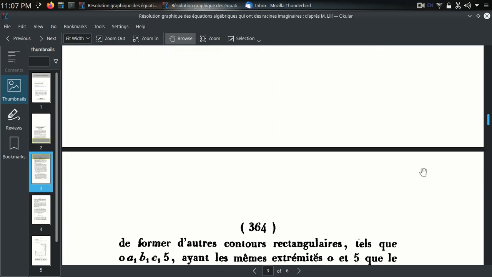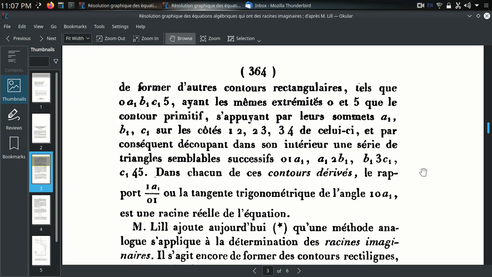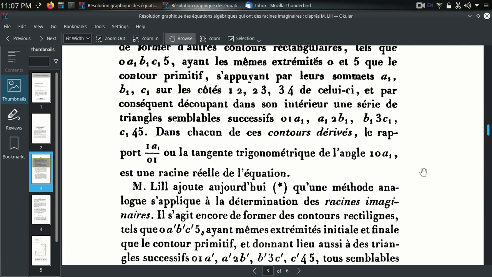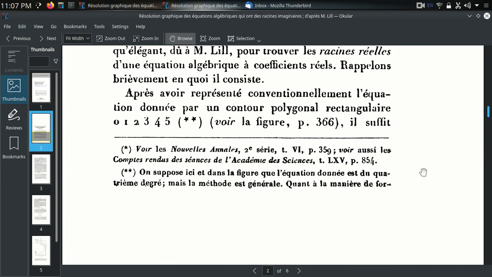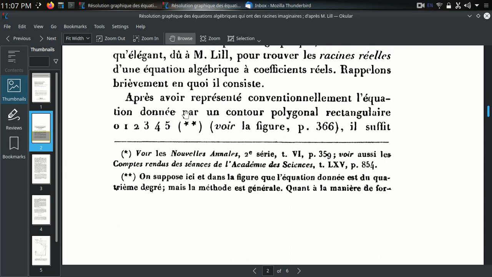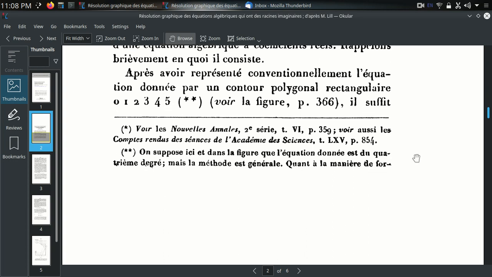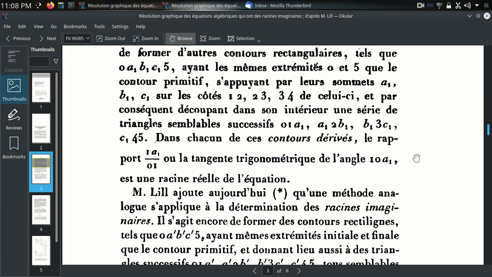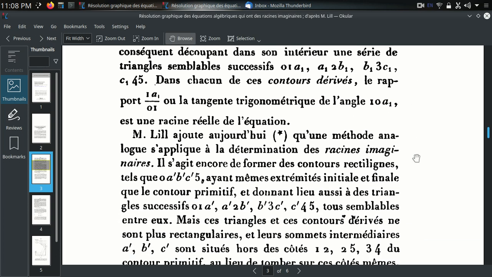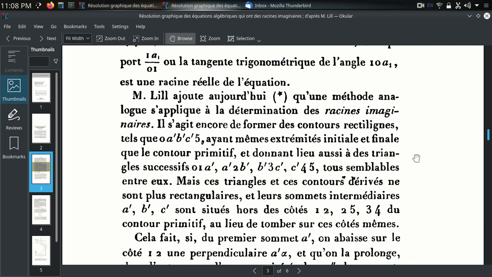And again, he doesn't indicate that this only works up to degree 4. Unless I'm misunderstanding what he's saying here.